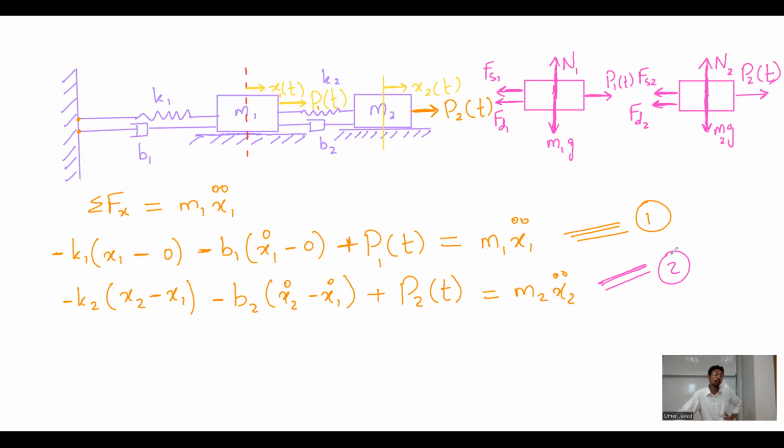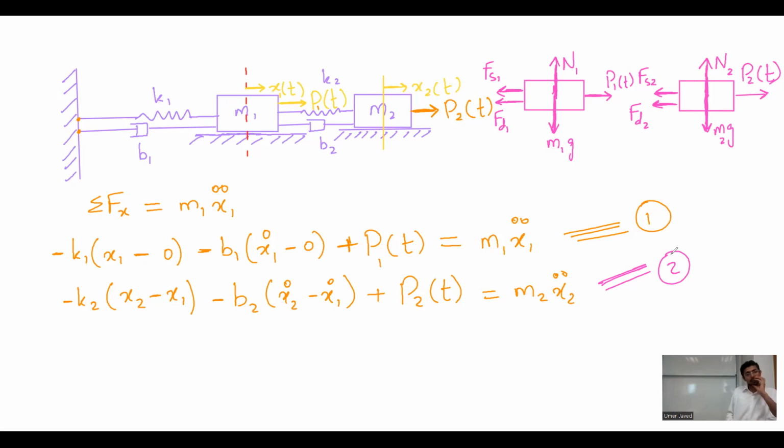Just one second. Sorry, say that again. X1 and X2, initial conditions. No, initial conditions I did not write. I have to write them, but you mean X1 and X2, will this symbolic notation be given to us or not? Yes, symbolic notation will be given. Initial conditions I did not give you, I have to give you, but I can write them right now. Yes, the symbols X1, X2, K1, K2 will be given.